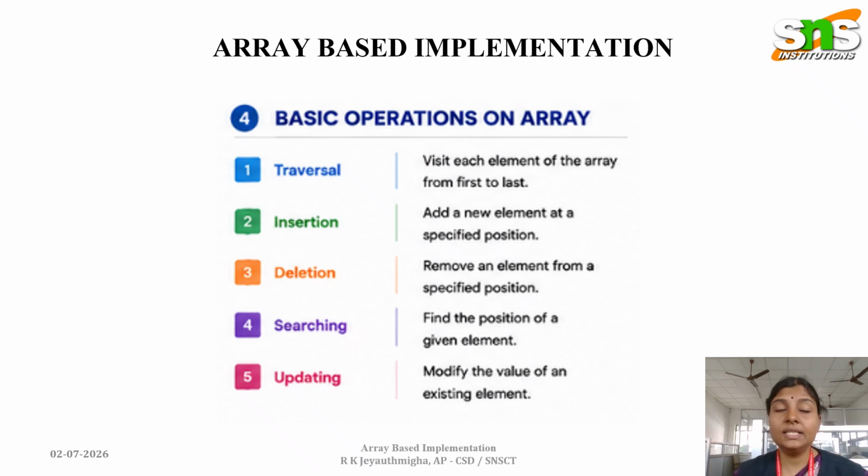Traversal means visiting each element of the array from first to last. Insertion means adding a new element at a specified position. Deletion, remove an element from a specified position. Searching, find the position of a given element. And updating, modify the value of an existing element.